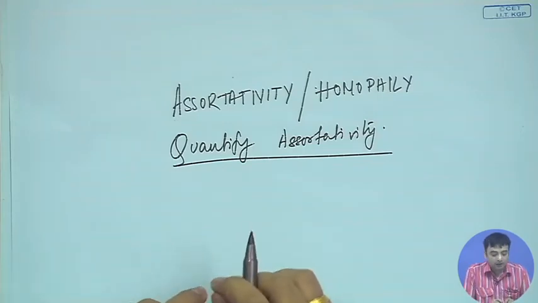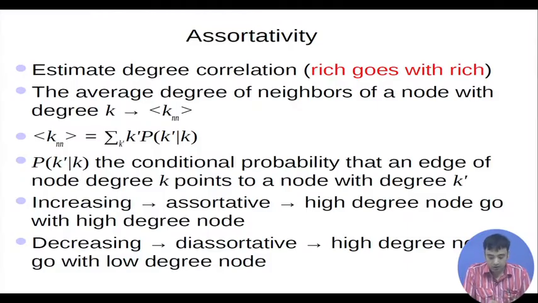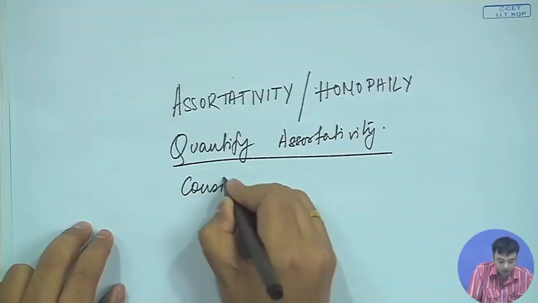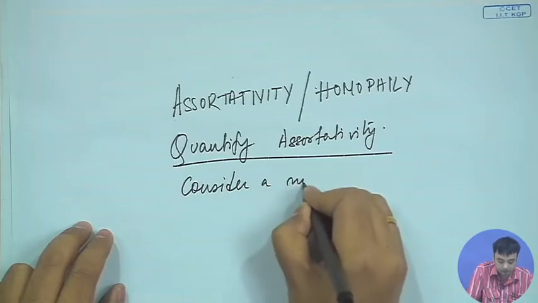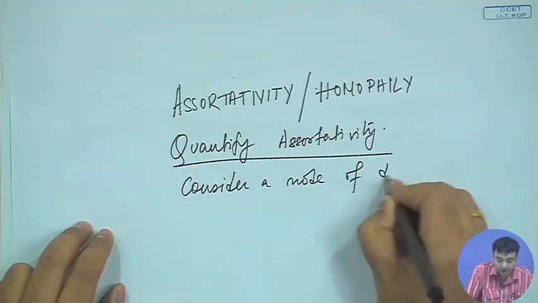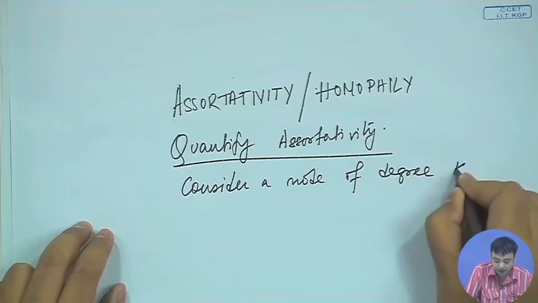So, the quantification goes like this. Let us say that there is a node, consider a node of degree k.